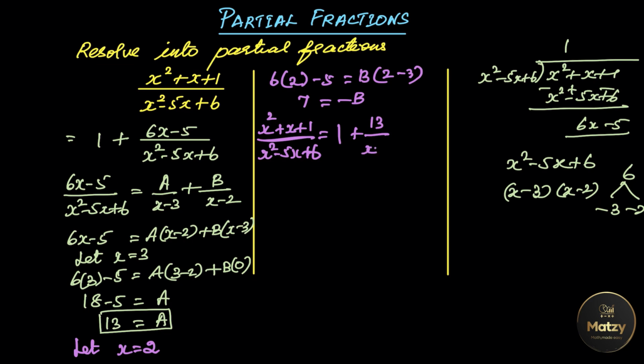B value is -7, so -7/(x - 2). If you add all these three, 1 + 13/(x - 3) - 7/(x - 2), you will get the fraction (x² + x + 1)/(x² - 5x + 6).